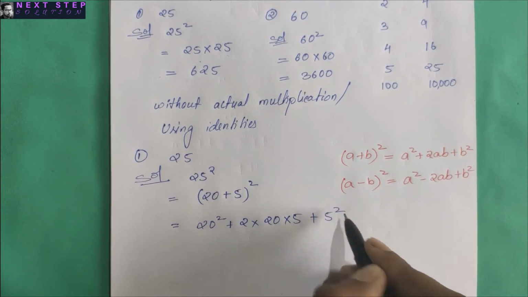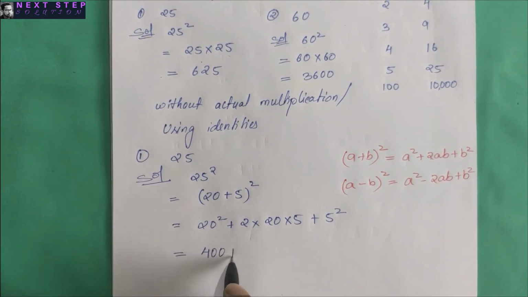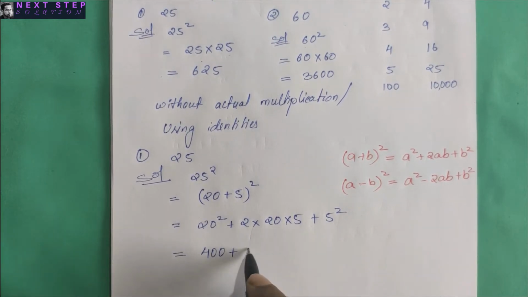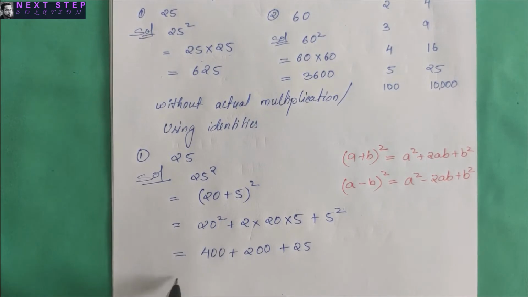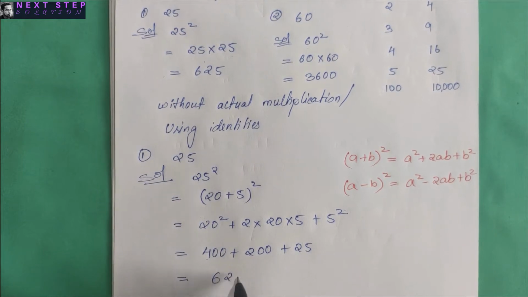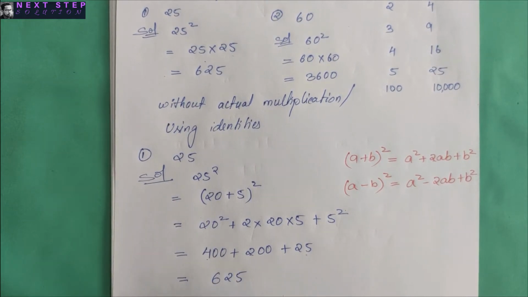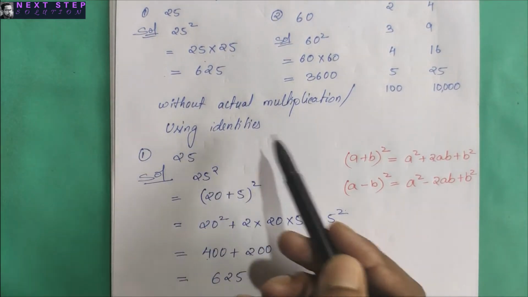B here is 5, so we can write it as 5 square equals 20 square, which becomes 400, plus 2 fives are 10, 200, plus 5 square is 25. If we solve it further, 400 plus 200 is 600, 625. This is how we solve without direct multiplication, using the identities.